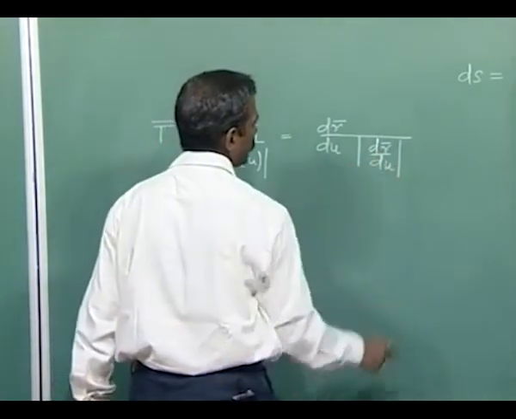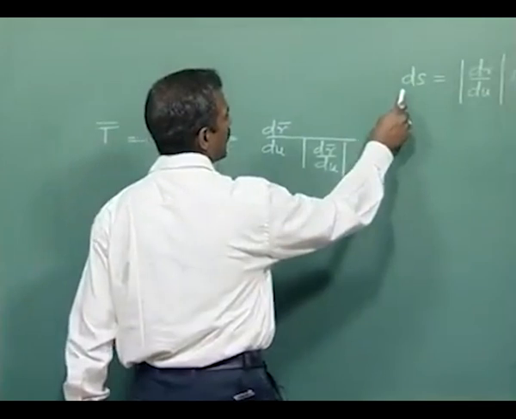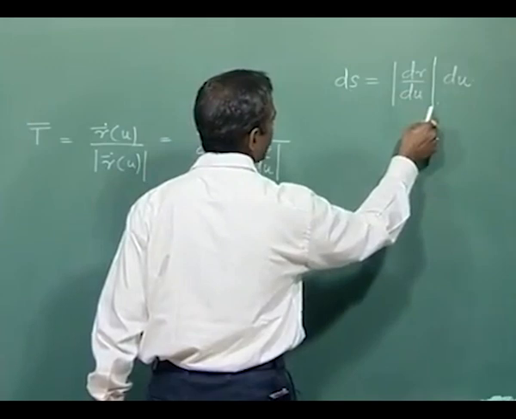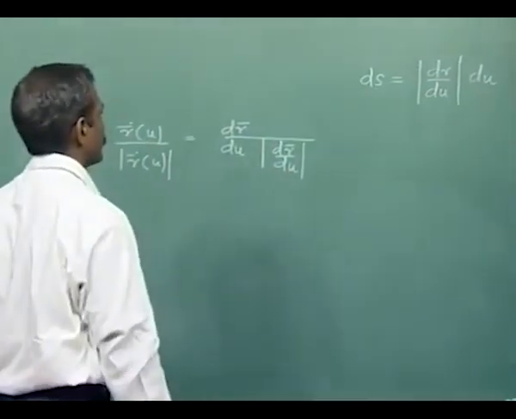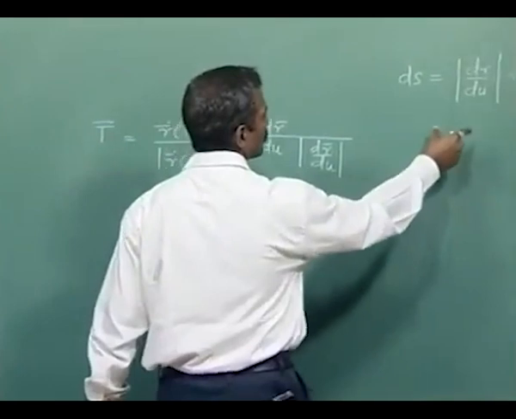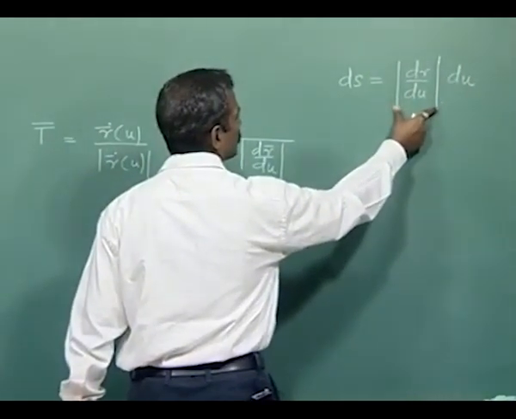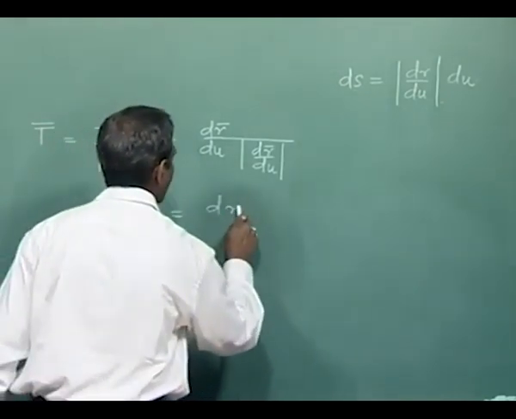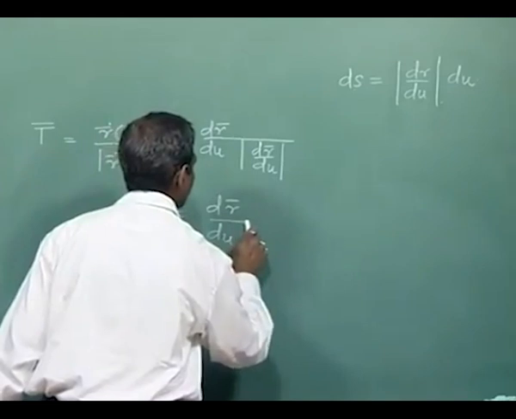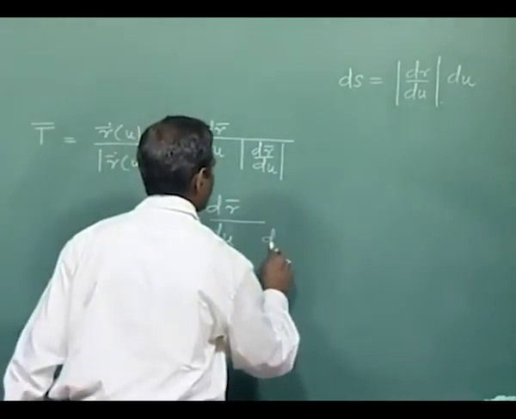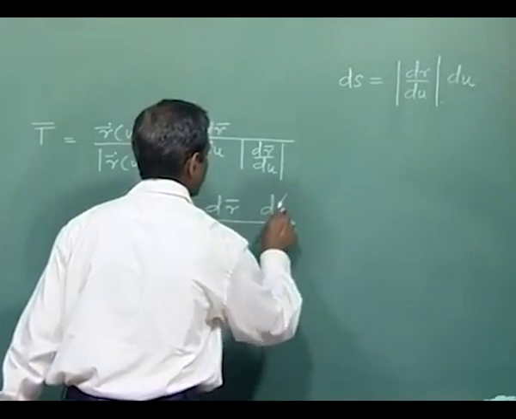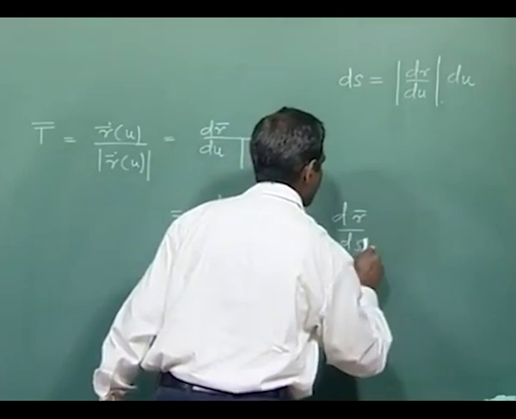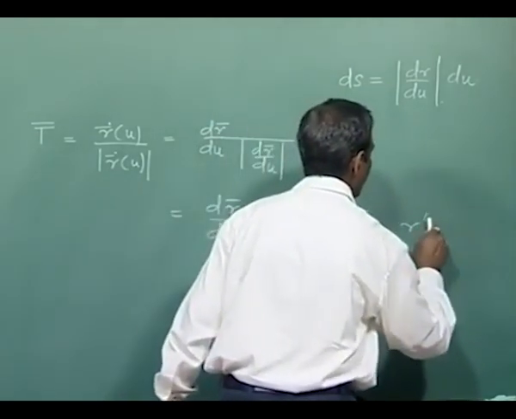You have seen from before that ds is equal to the absolute value of dr over du times du. If we plug in for this value here, we will get dr vector over du. Here we'll have ds, here we'll have du. These will cancel. This would be dr over ds, which is r prime of s.